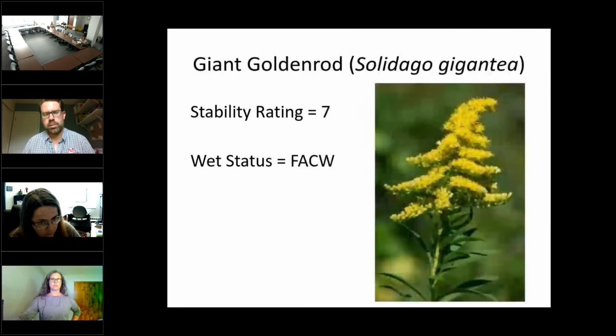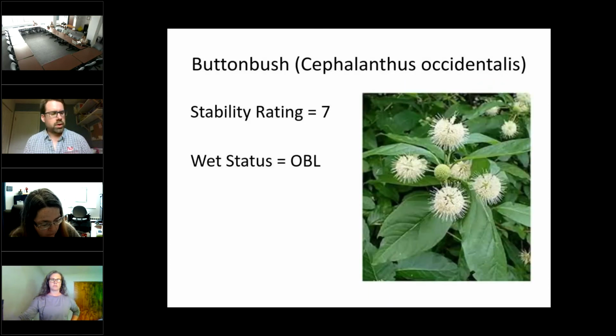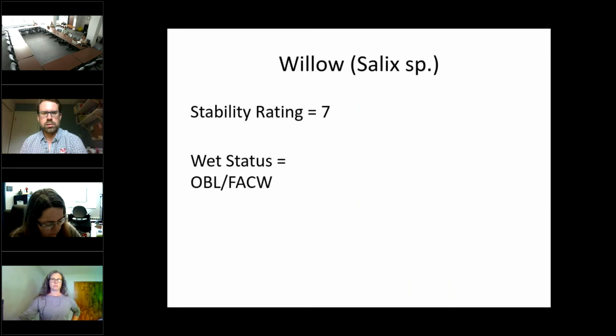Giant goldenrod, I'm getting into some perennials now, has a stability rating of 7. This grows great along banks and steep slopes, does really well, has deep roots. Buttonbush, this is a native shrub found growing in wetland and riparian areas. It likes wetter conditions, but has a stability rating of 7. It's a good plant to choose.